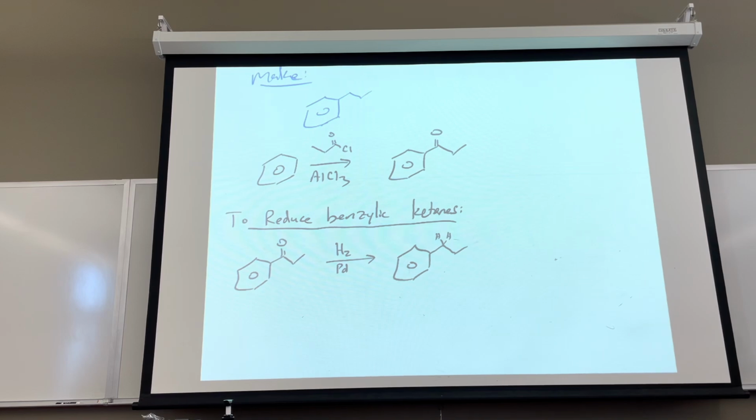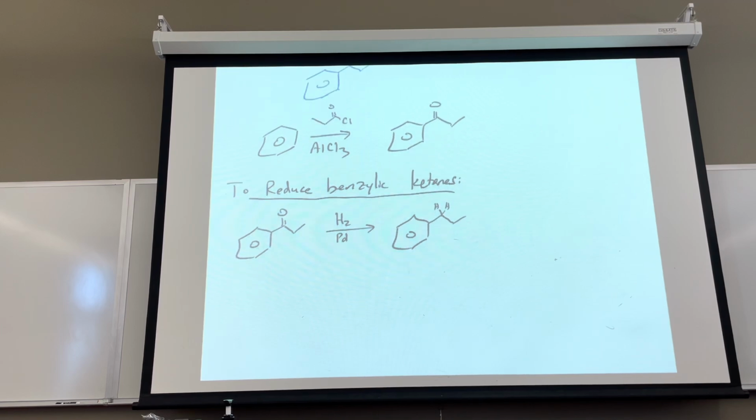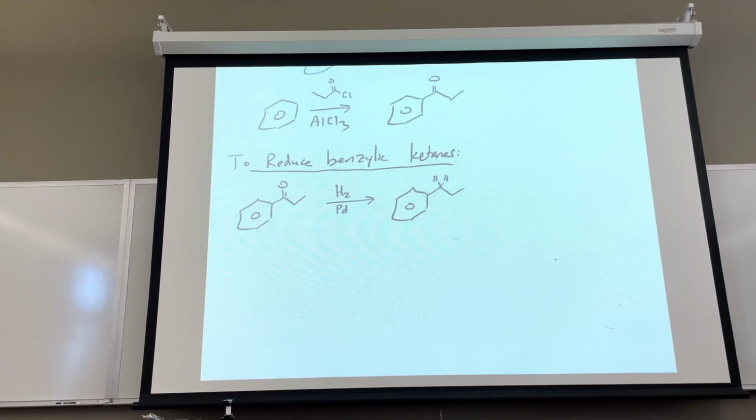Now, this reaction should surprise you a little bit. Just think back to last semester. If you had, let's just do some regular ketone. If you were to do hydrogenation on this ketone, what did you learn last semester?